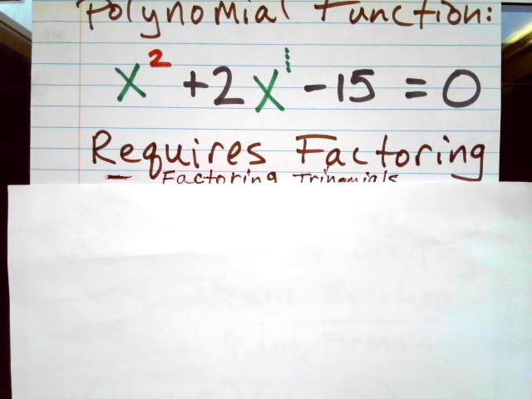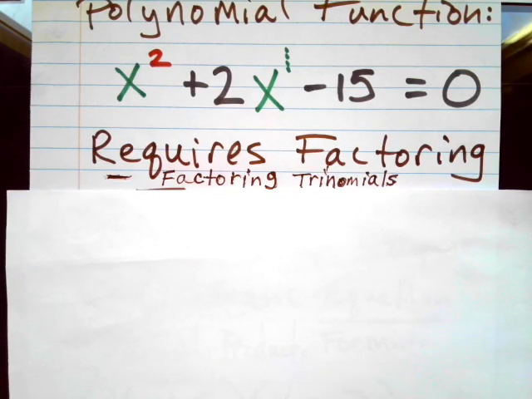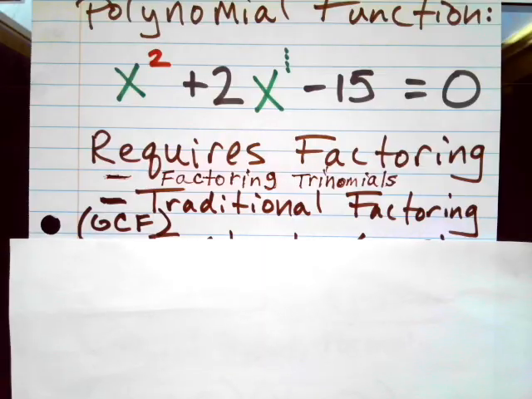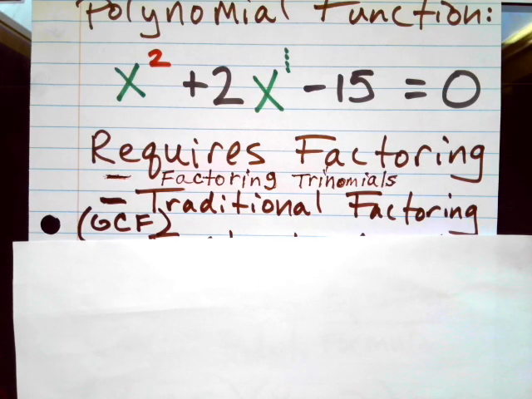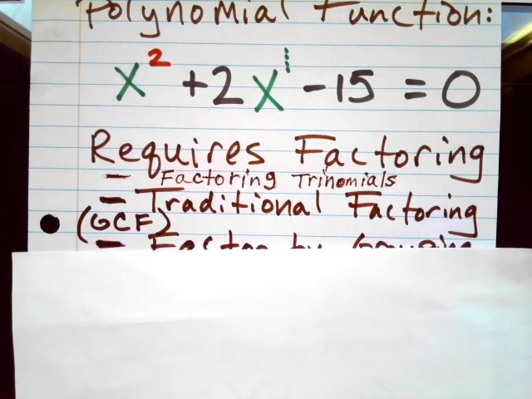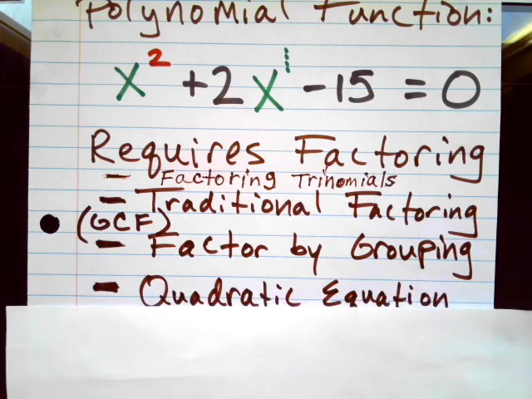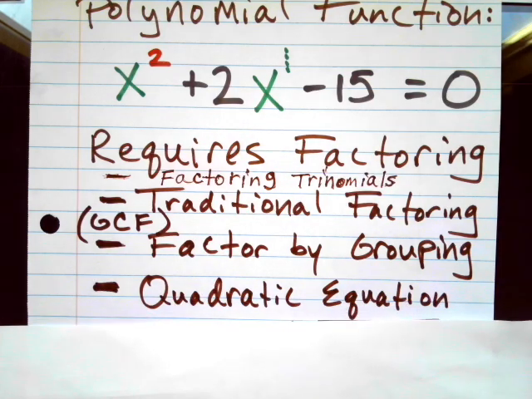So these require factoring, right? Factoring trinomials. Traditional factoring of the greatest common factor. I'm going to go over each of these in detail in the coming videos. Factor by grouping. That's a different way of factoring. Using the quadratic equation to factor.